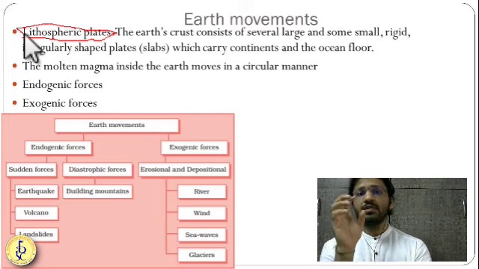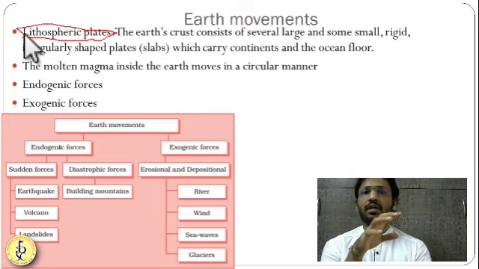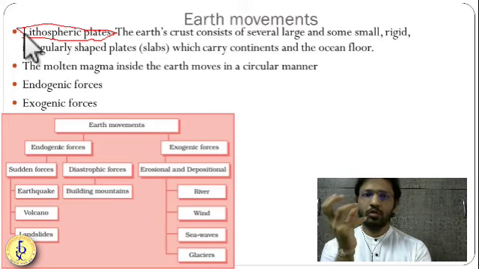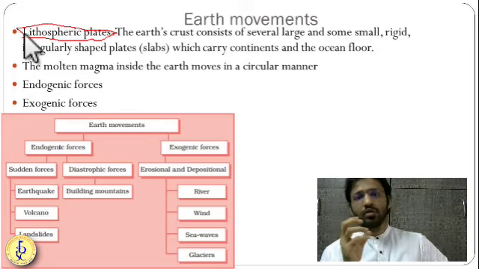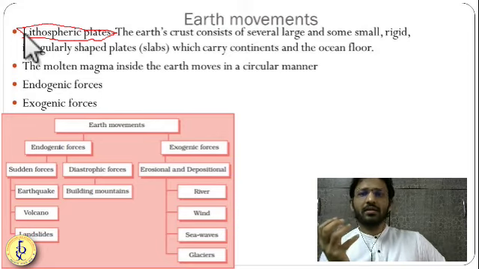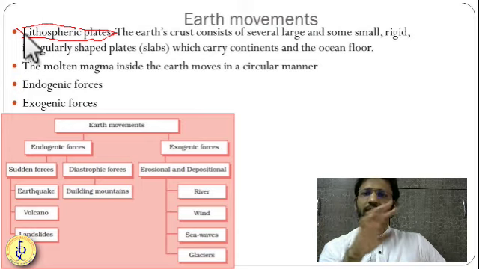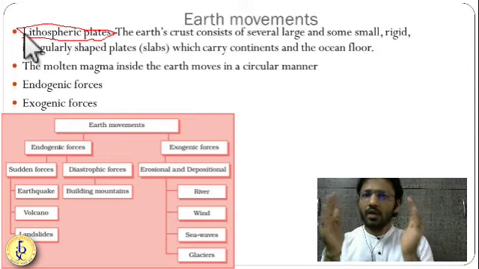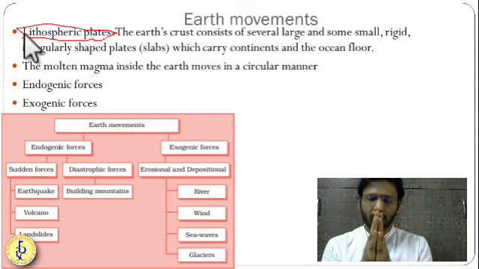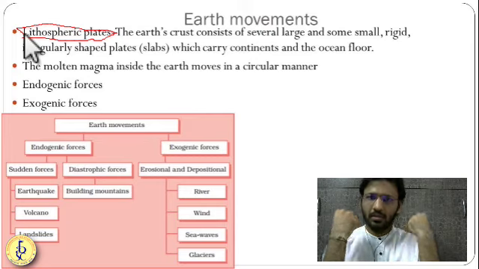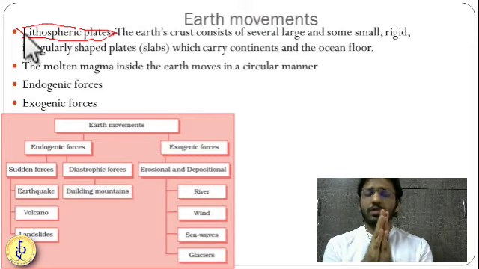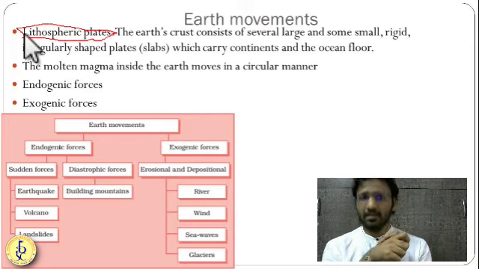Getting it? So in this way, endogenetic forces create huge impact in a small amount of time. Exogenetic forces also create impact, but this is a small impact. Slowly it is also creating huge impact, but over a very long period. Exogenetic force will erode the entire mountain, but it will take a few million years.